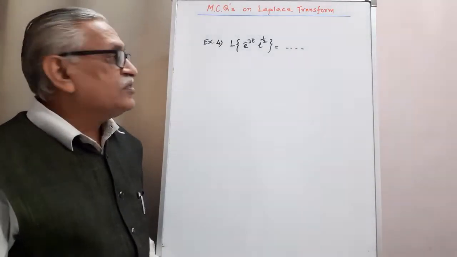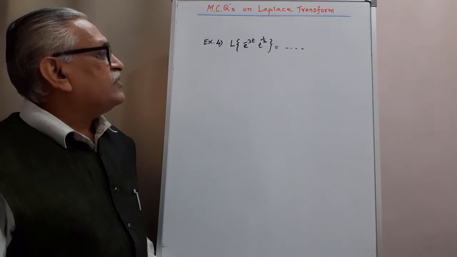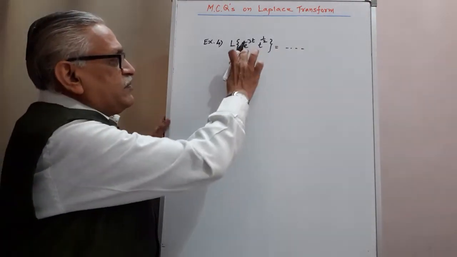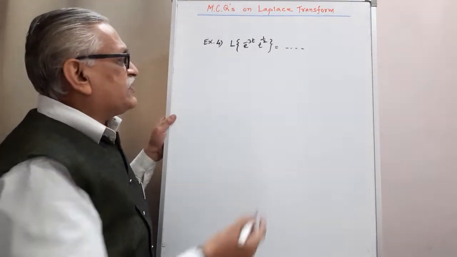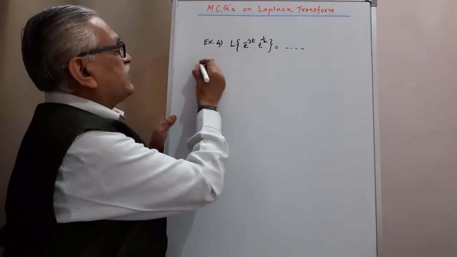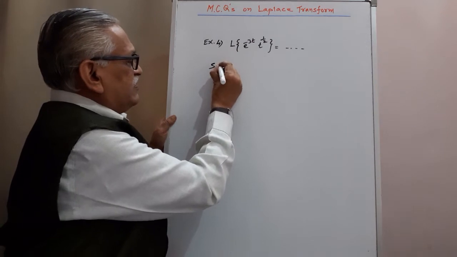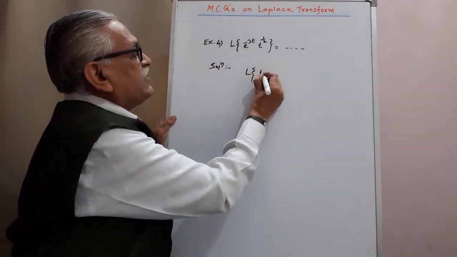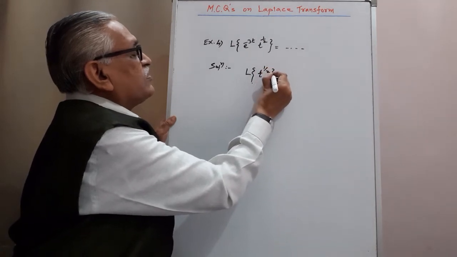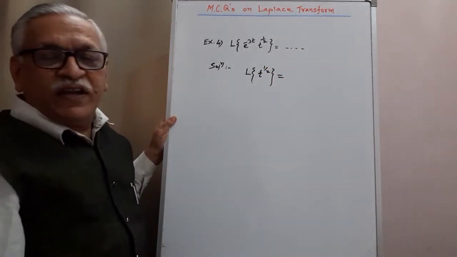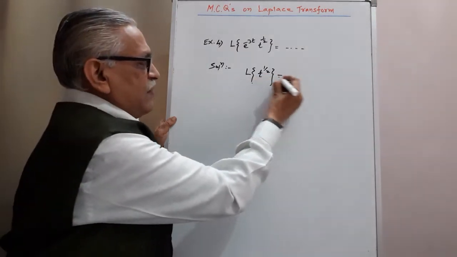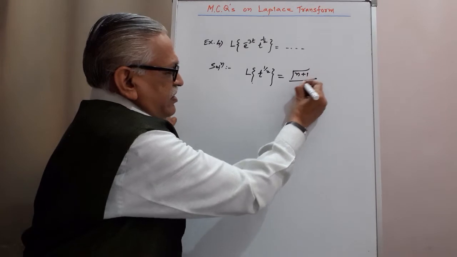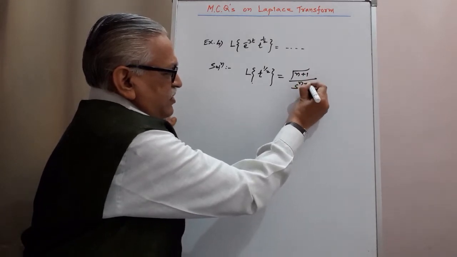Example number 4: Laplace of e raised to minus 3t into t raised to 1 by 2. F of t multiplied by e raised to at, it is a problem of the first shifting theorem. To obtain the correct option, once again we find Laplace of that function f of t, t raised to 1 by 2. Here that power n is not a positive integer, therefore its Laplace, as per the standard result, is gamma n plus 1 divided by s raised to n plus 1.